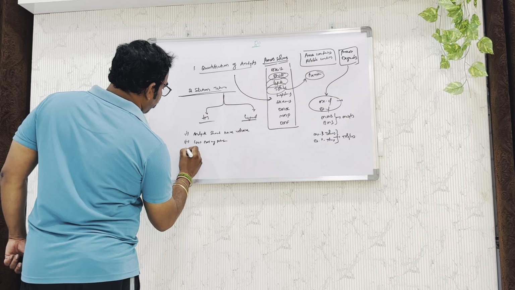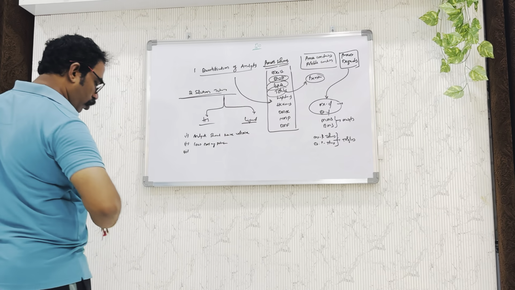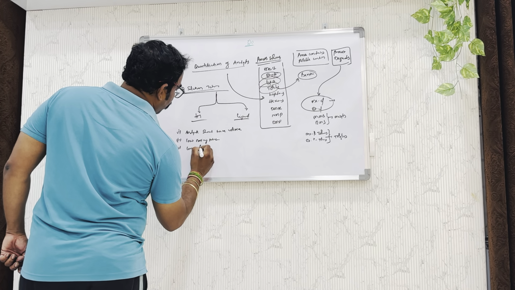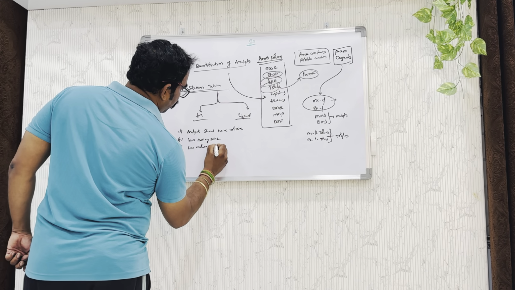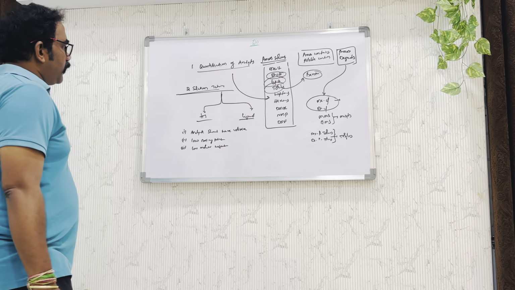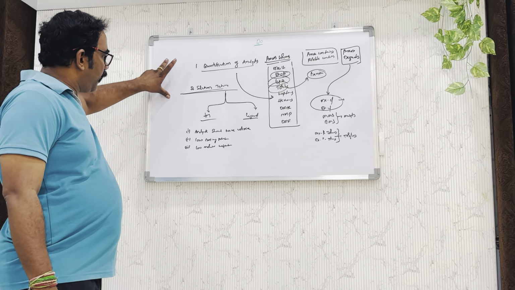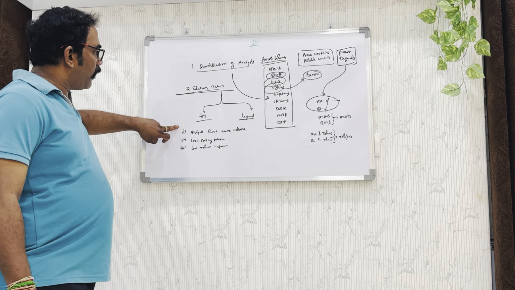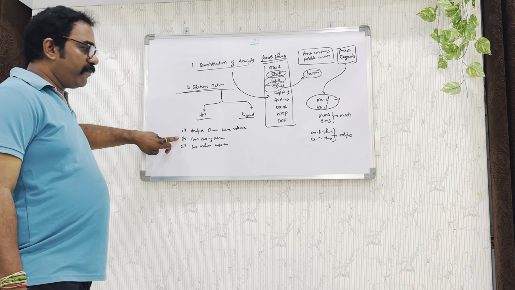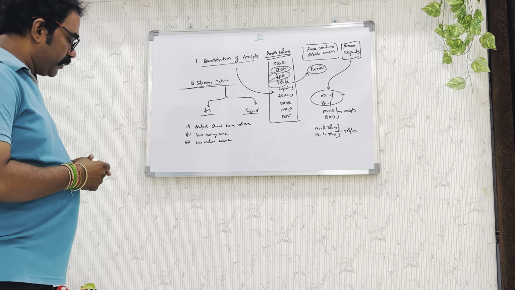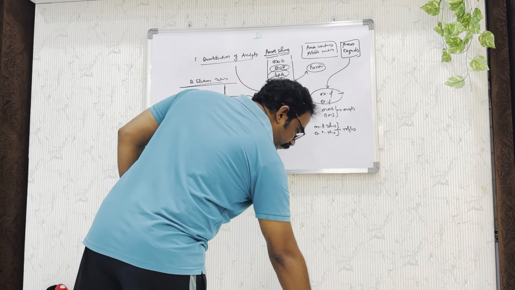And the third is low molecular weight. These 3 points we need to consider during GC analysis. They are very important.